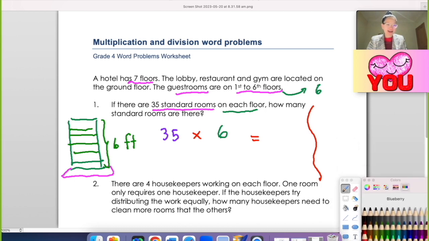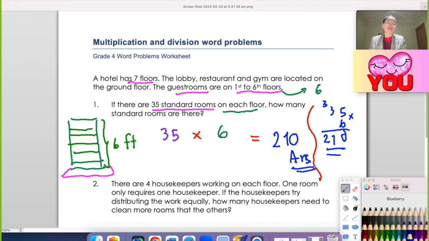Which equals. This one is our workout. Work it out together: 35 times 6. 6 times 5 is 30. 6 times 3 is 18, plus 3 is 21. So your answer is 210 standard rooms.